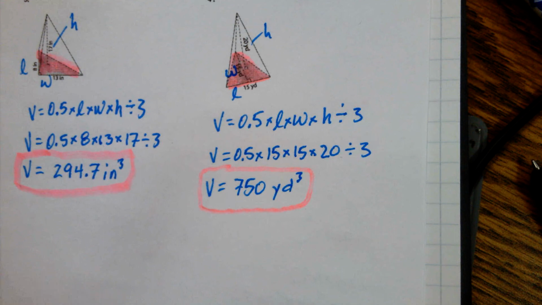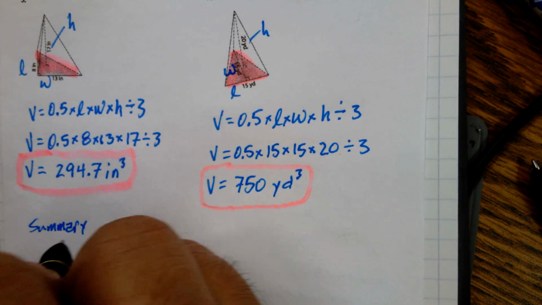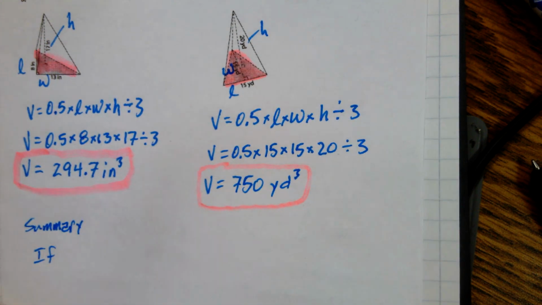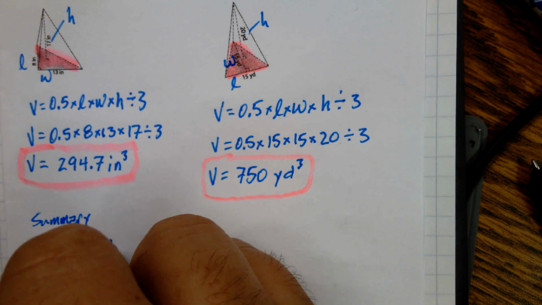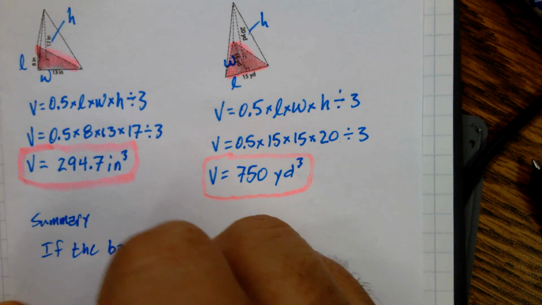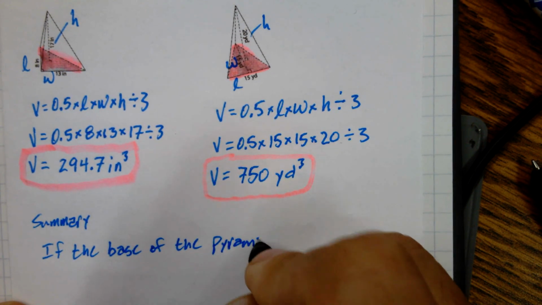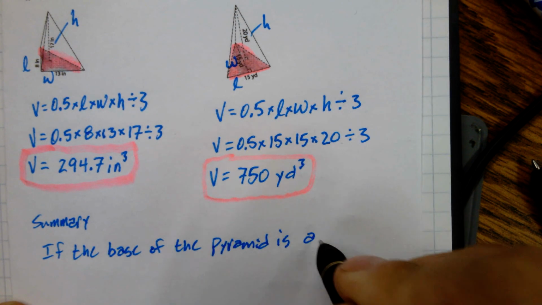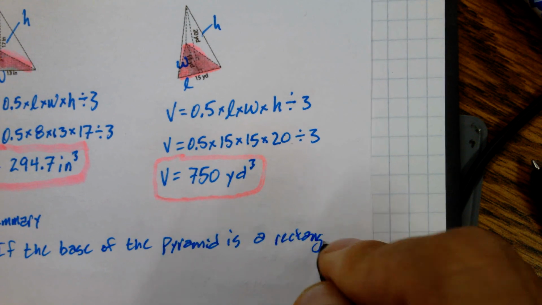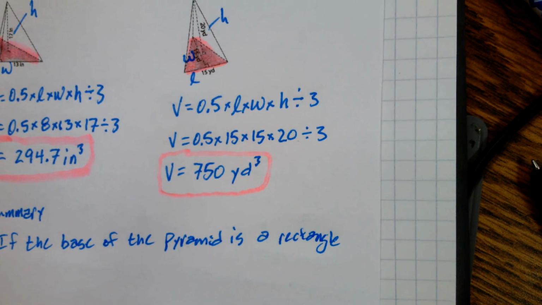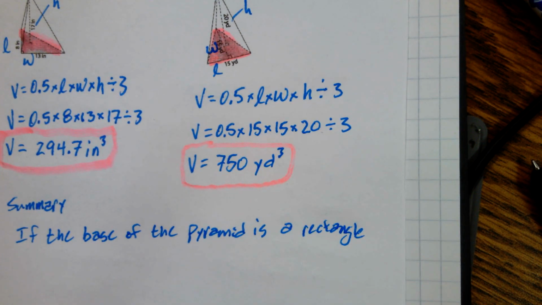Okay, so quick summary. If the base of the pyramid, write this down, is a rectangle, remember that includes squares, we're going to do what we did on the previous page.